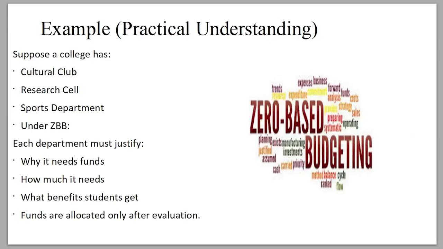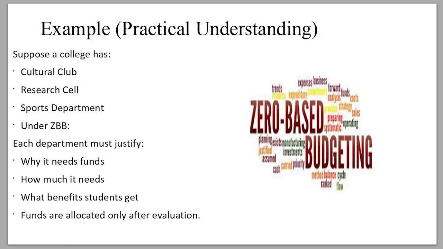Let me give you a simple Indian example. Suppose a government college has three departments: library, sports, cultural activities. Under traditional budgeting, if library got 20 lakh last year, it may demand 25 lakh this year. But under zero based budgeting, library must justify why do you need 25 lakh, how many students are using it, what improvements are planned.